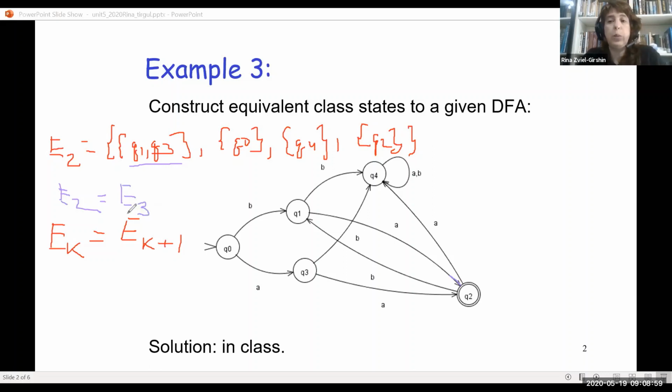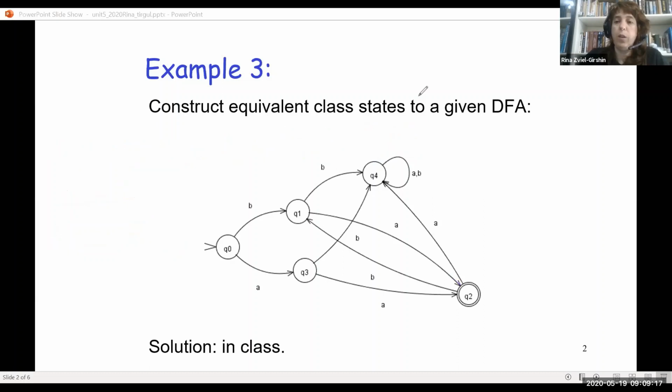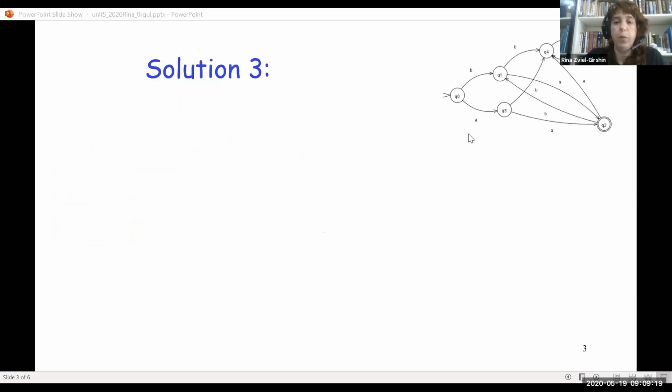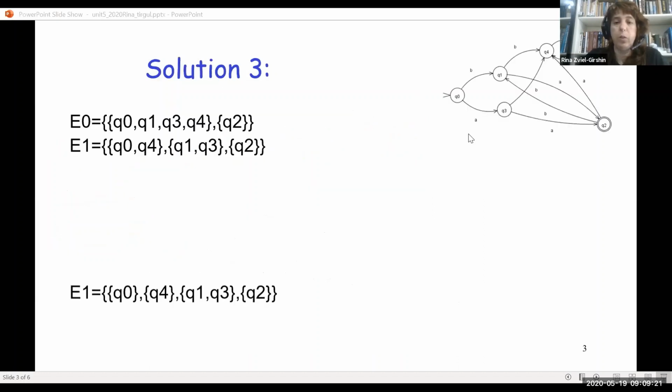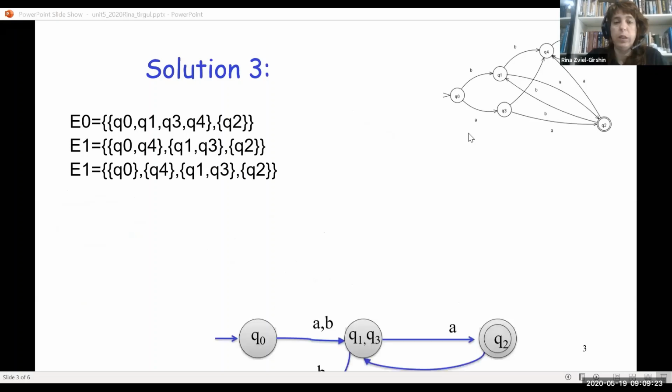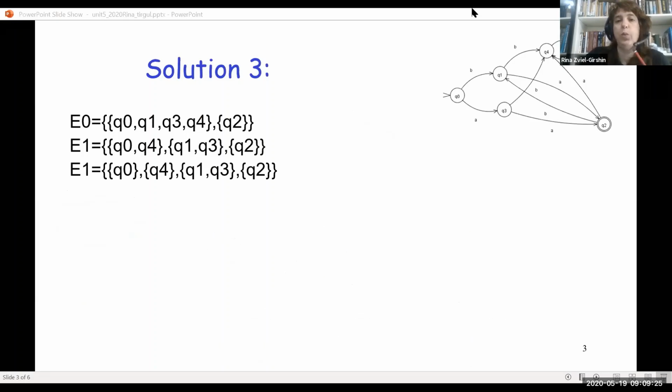So the next question, I would like you to draw the minimized DFA after you computed the equivalence class state. So take your time. This is our solution. This is E2.